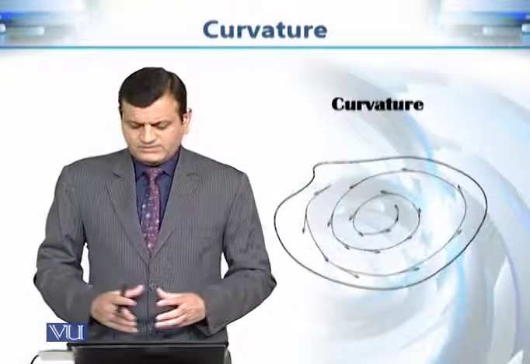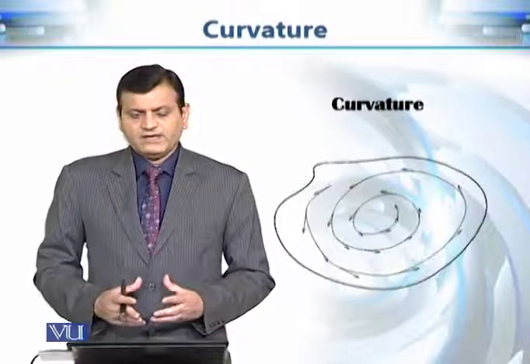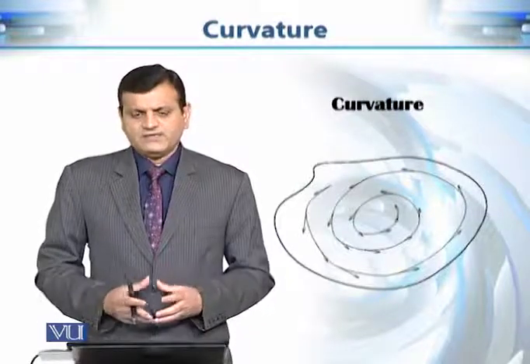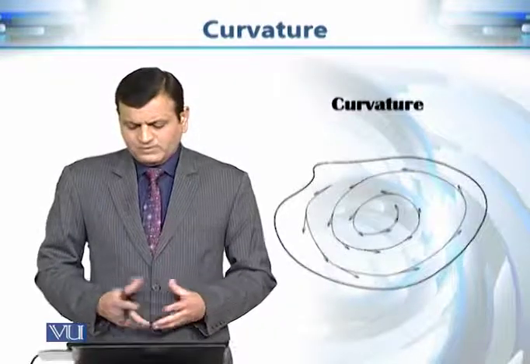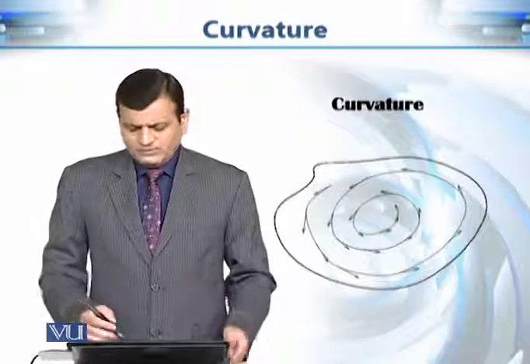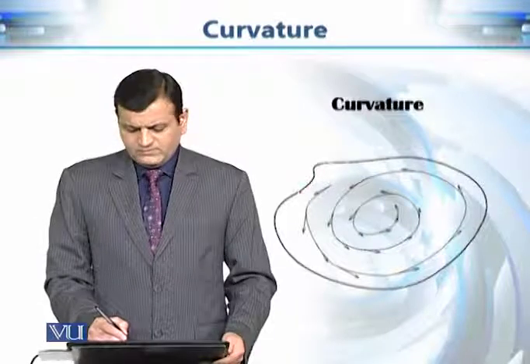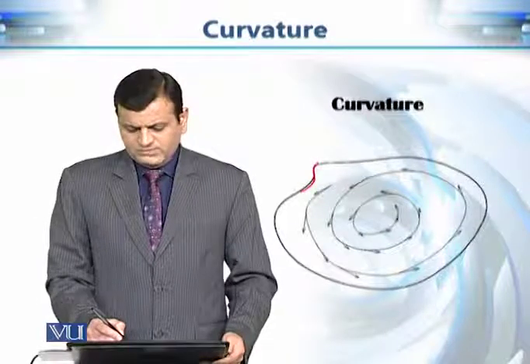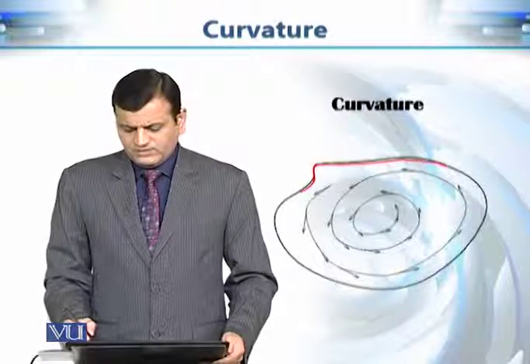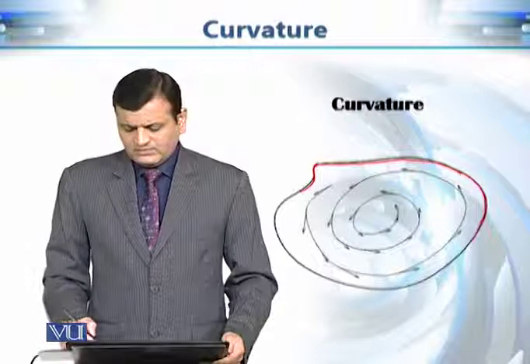Now let's discuss what curvature is and how we actually calculate it in a precise way. As we know, curvature is basically the rate of turning. We can see that the curve is moving, and there is a turn, and then it's more or less going straight, and then once again it's turning, and so on.